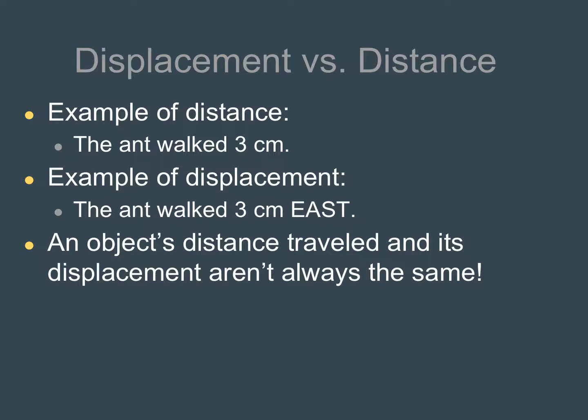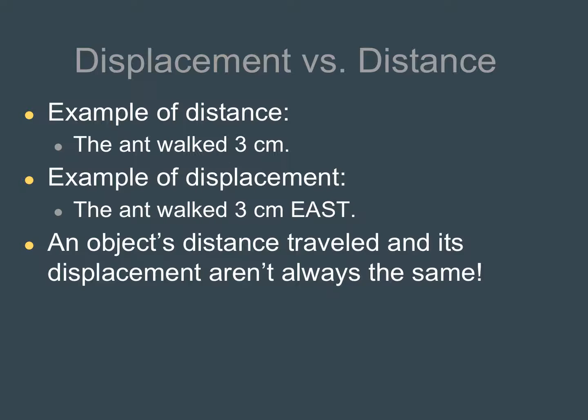So for our ant again, his distance was 3 centimeters. Now, if we want to say his displacement, he walked 3 centimeters the first time to the right or east. So that would be his displacement, 3 centimeters east, 3 centimeters to the right.